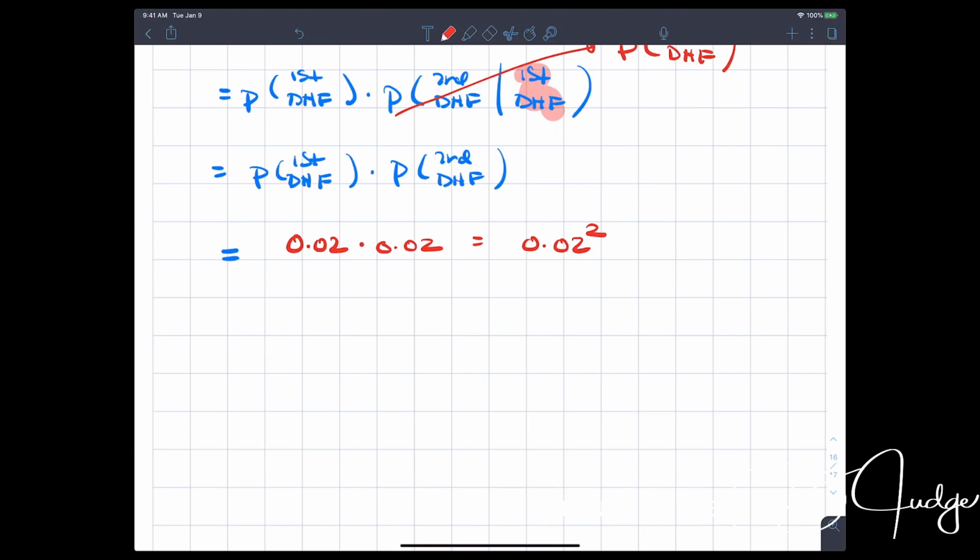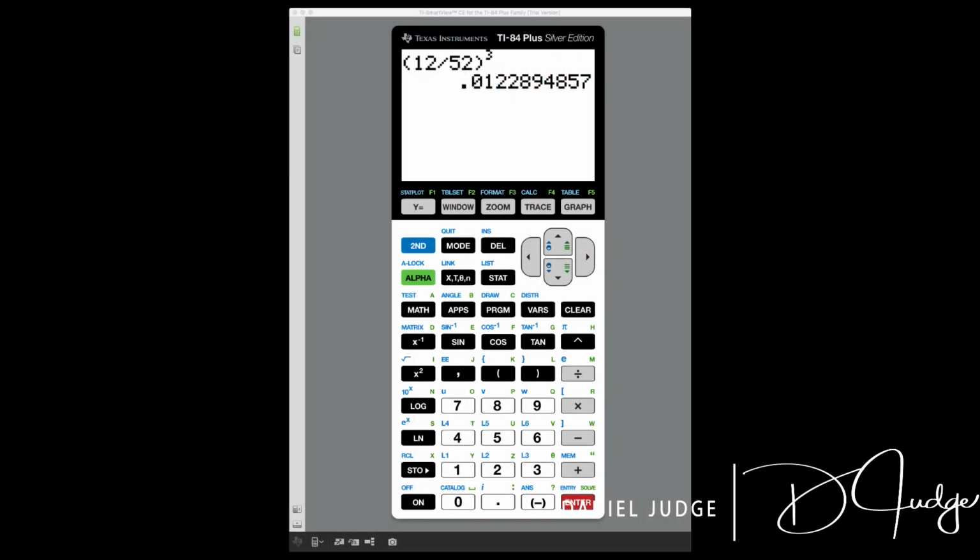So when I go to my TI now, I want to say to the TI, okay, TI, what is 0.02 raised to the second power? And notice what I get. 4e to the minus 4 power.